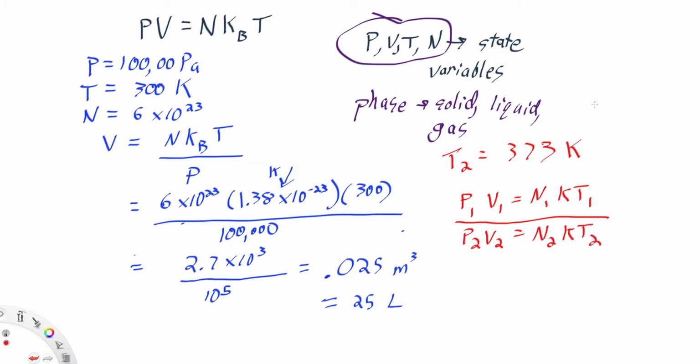In this case, we're taking this glass container full of gas, submerging it in boiling water. We're not allowing gas to escape, so the Ns cancel because they're the same. Since the container is rigid, the volume is not changing. And of course, k is just a constant, so that cancels.